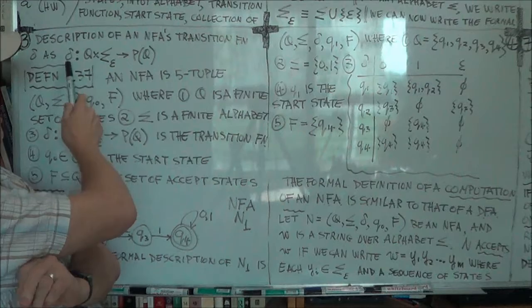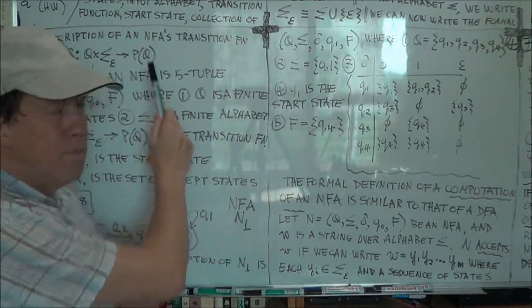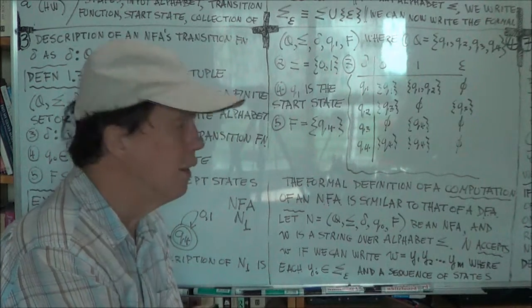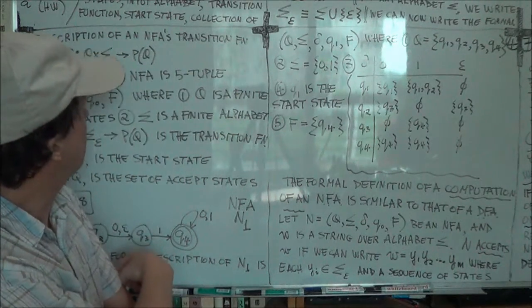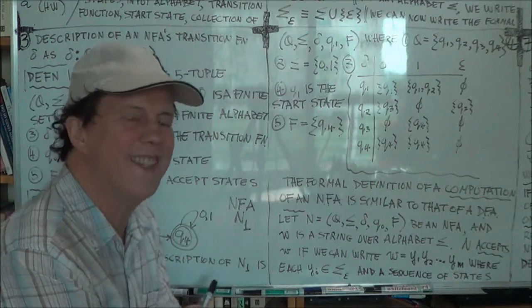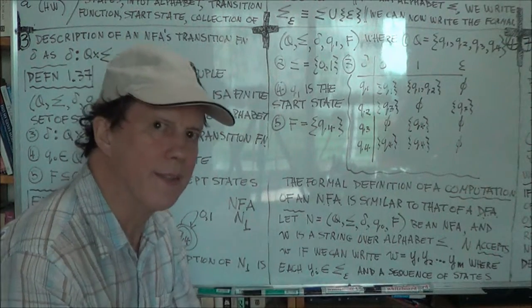So your transition function here, the right hand side, PQ, that's a power set, right? Now what is a power set? It's the set of all subsets. So it's like a set of sets.